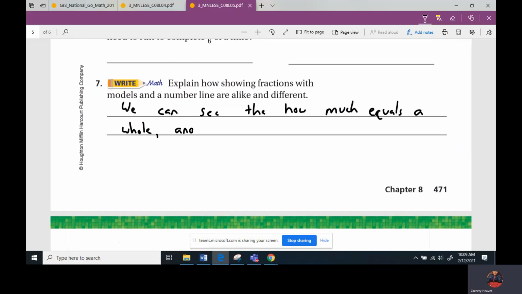They're different sizes. So we can see how much equals a whole. We can see 1/10, how many pieces it's going to take. That's the same with all of them. The 10th pieces are smaller than the 3rd pieces because it's going to take more pieces to make a whole, right? But they're all put together the same way, and we can see how they're different sizes.